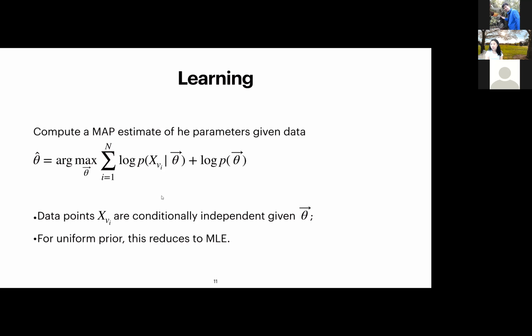You can see this is probabilistic learning. You're trying to maximize the likelihood, or you're trying to compute the MAP estimate of the parameters given the data. Okay, I hope that's clear.